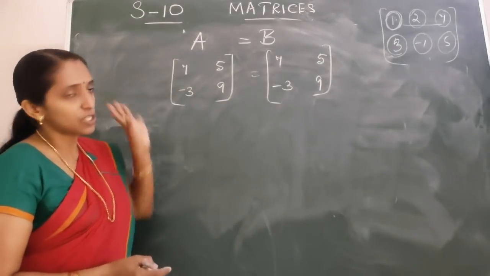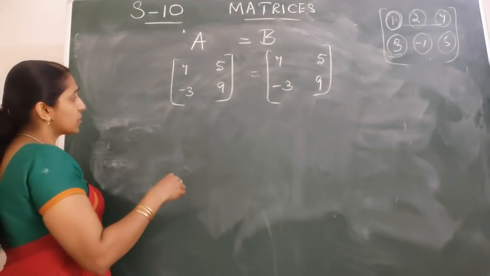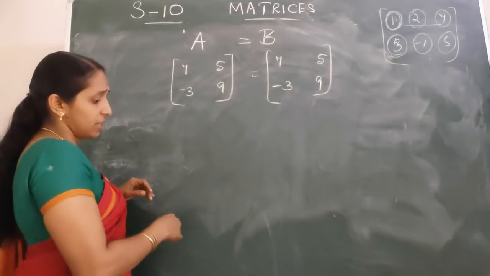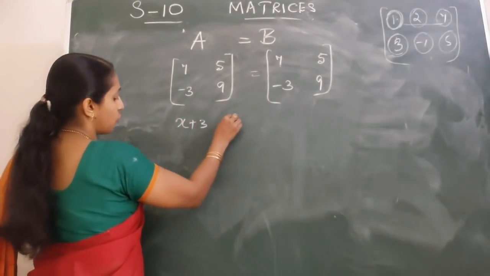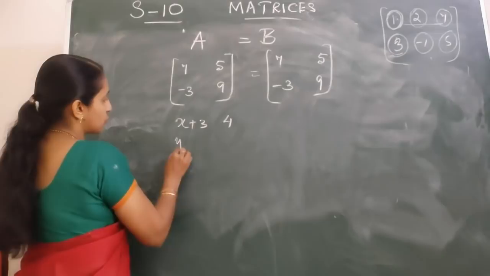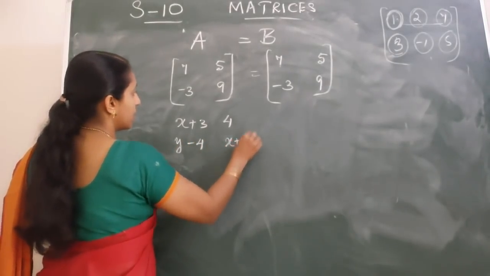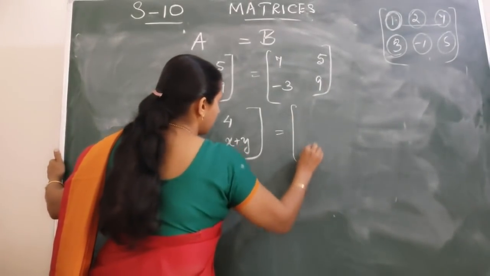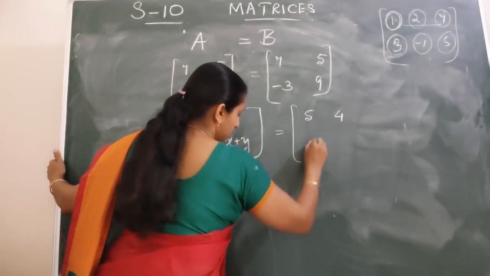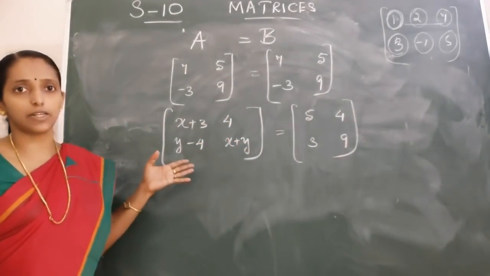So by using this principle, you can find out the unknown quantity. Find the value of unknown quantities, given that x plus 3, 4 and y minus 4, x plus y, those 4 elements, is equal to 5, 4, 3, 9. This is the condition given.